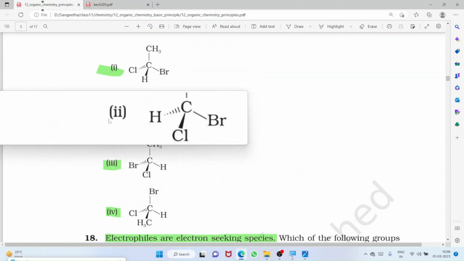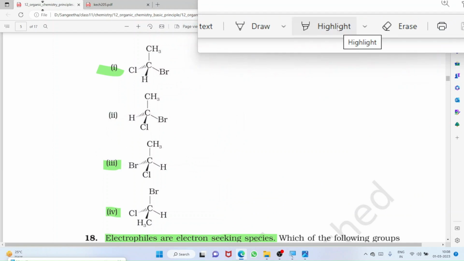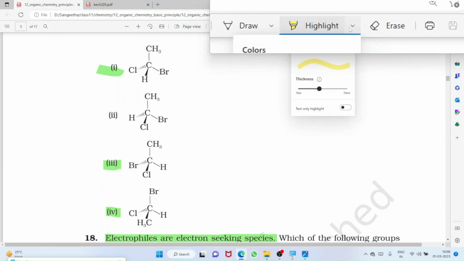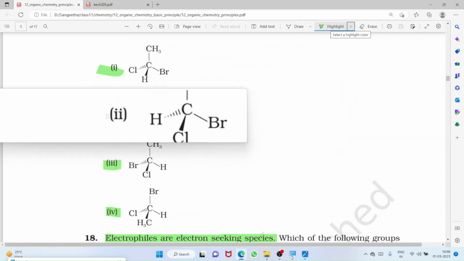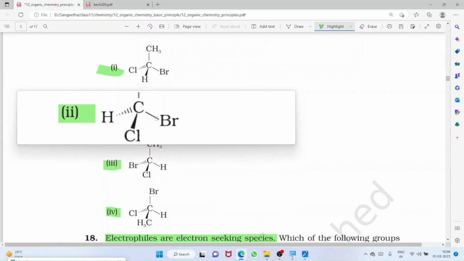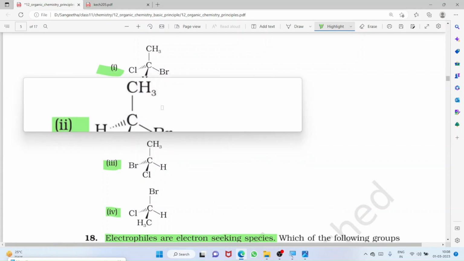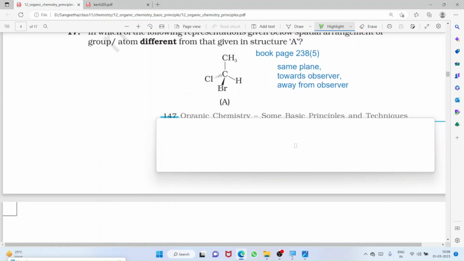The second is also different. You will have to refer to other resources because these all are different. Here you see CH3 and B are in the same plane, that is not the same as A.